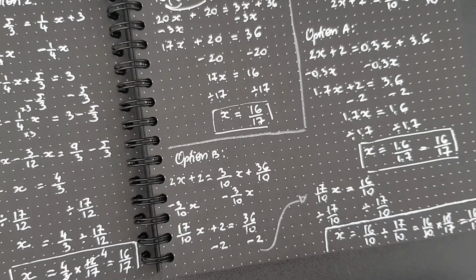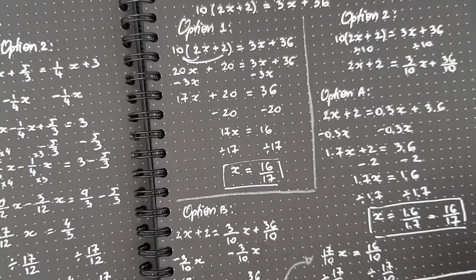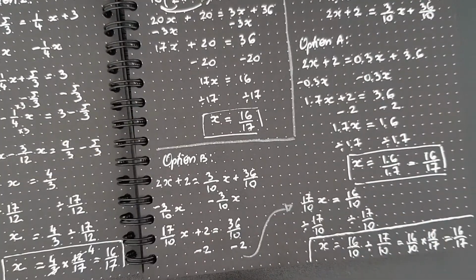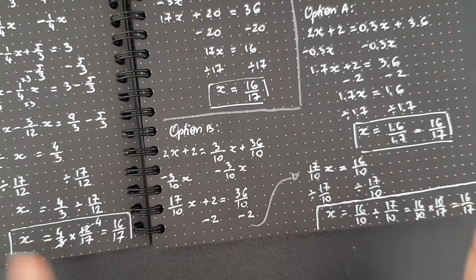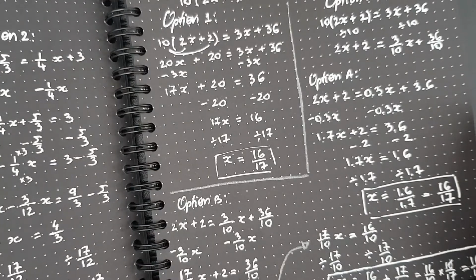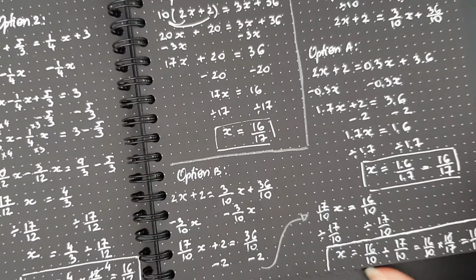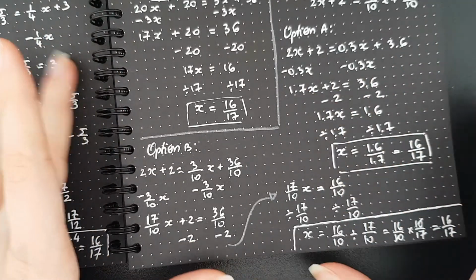If by any chance you're still here and you enjoyed me having lots of fun with finding out different ways in which I can solve an equation, I think it was so much fun for me personally. I enjoy looking at the question, trying out different methods.